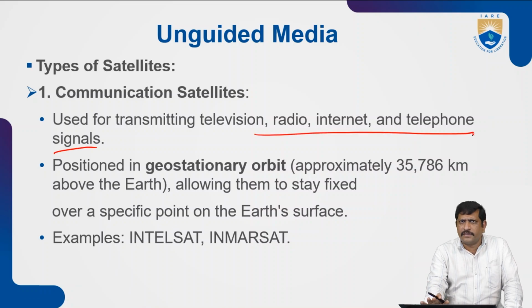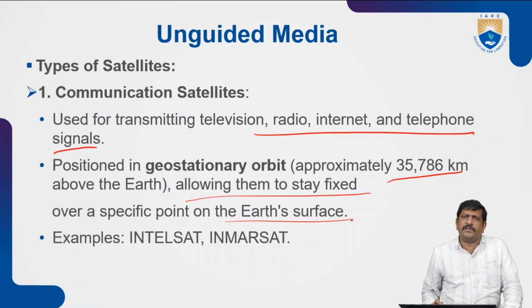Television, radio, internet, and telephonic signals can be transferred effectively with the help of communication satellites, which are positioned in a geostationary orbit approximately 35,786 kilometers from the earth, allowing them to stay at a fixed, specific point relative to the earth's surface.